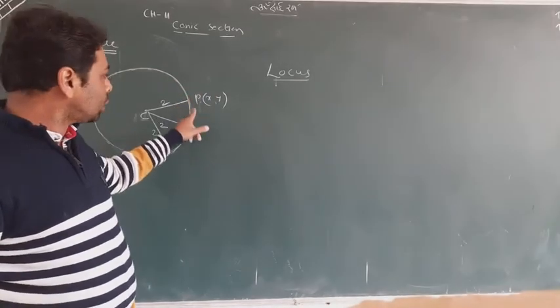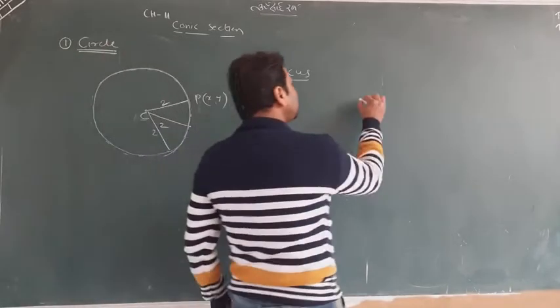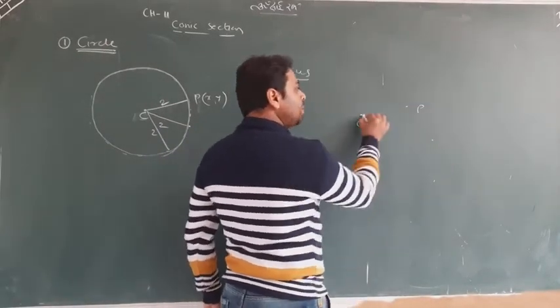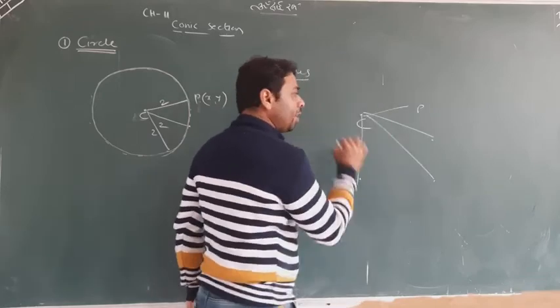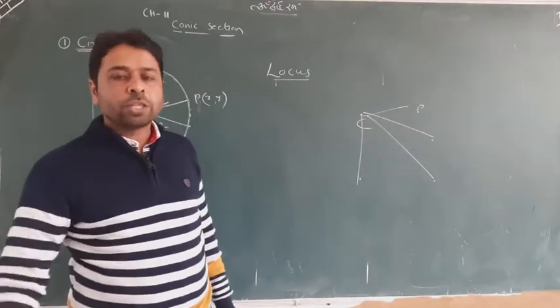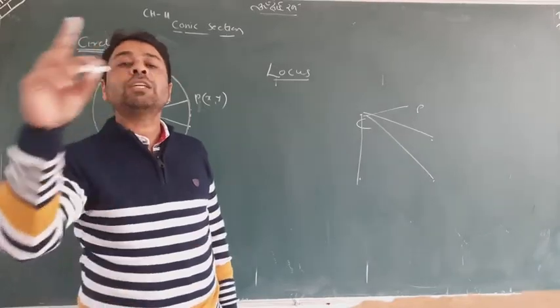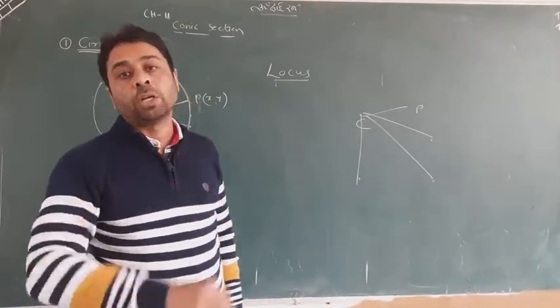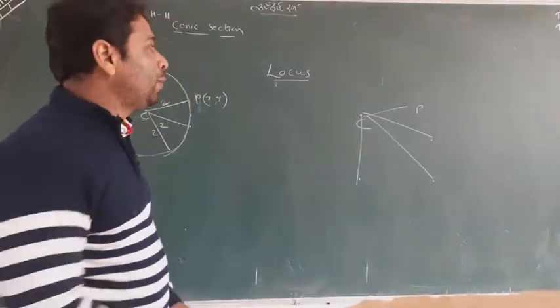So P cannot go here or here, because then the distance will vary, and the distance should be constant. When you trace out all the paths of point P, you will have a circle. That is the initial definition of the circle.